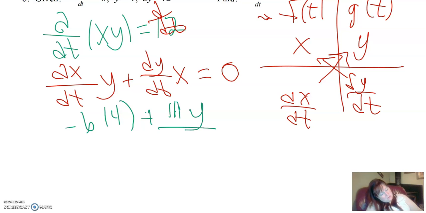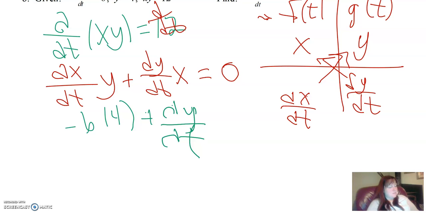Oh man, this is what happens when you try to do technology. Let's see if it does it. dy/dt. It really just does not want to show up there for some reason. It's like my touchscreen is a little off on this.